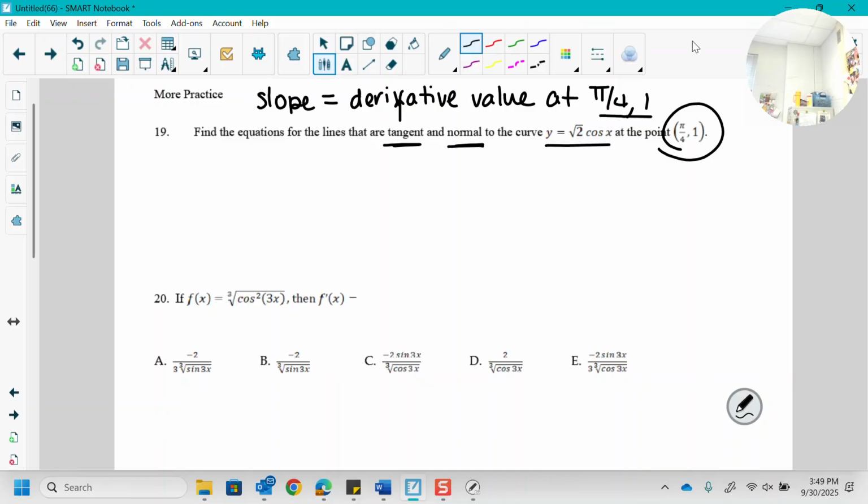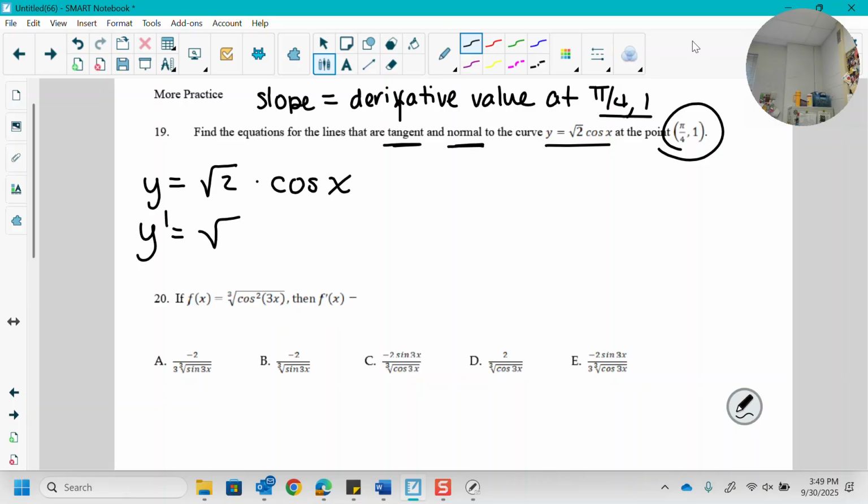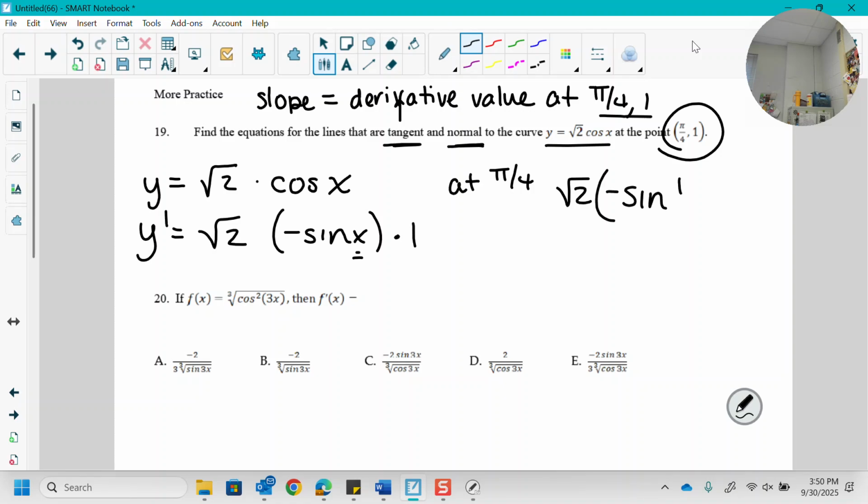So let's check out the function. Y equals root 2 times the cosine of x. My derivative will be root 2 times negative sine x times 1, derivative of x. Just chain rule that. So at pi over 4, that's root 2 times negative sine of pi over 4.